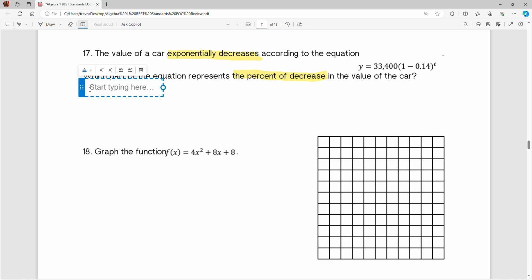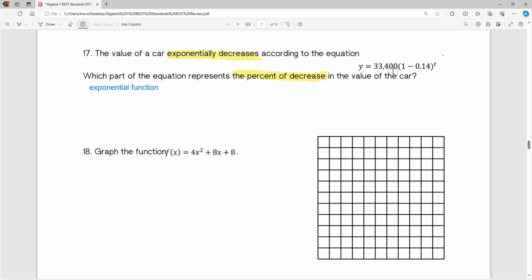So looking at this question, our keywords exponentially decreases let us know that we are looking at an exponential function. And looking at the formula, I can see the format is the second form on our reference sheet.